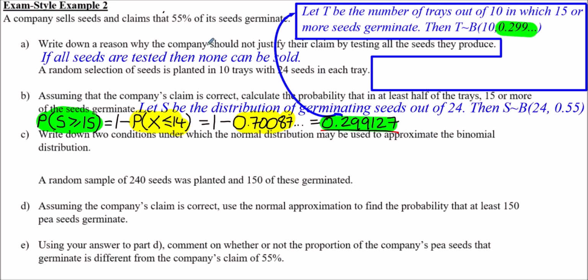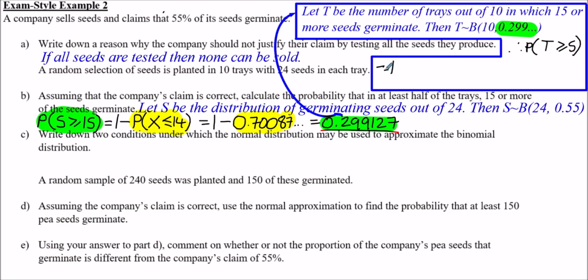So we want at least half of these trays with 15 or more germinating seeds. So we want to work out the probability of finding T to be 5 or greater, because half of 10 is 5. What's the chance of having 5 or more of these trays with lots of germinating seeds?